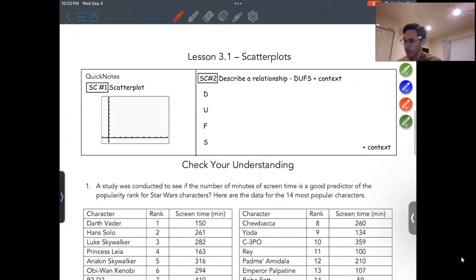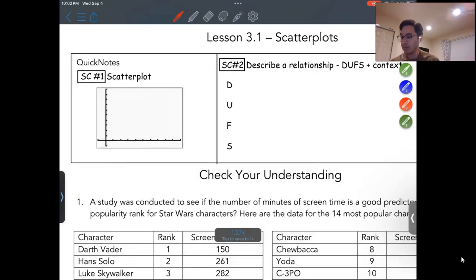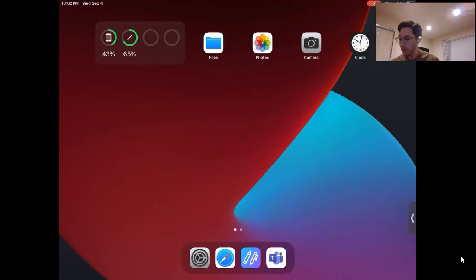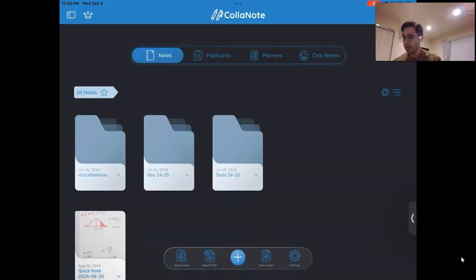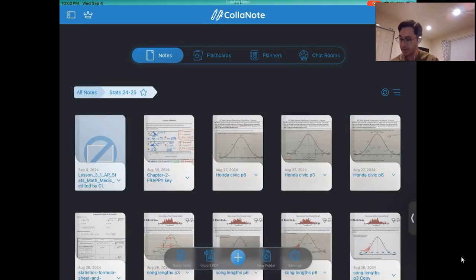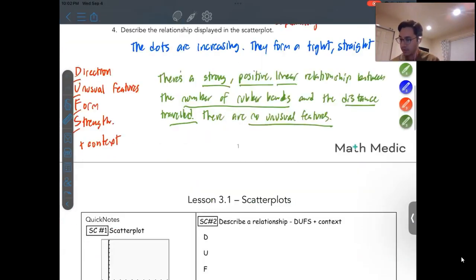All right, so to quickly summarize, in this lesson, we learned a new type of graph for displaying relationships between two quantitative variables. So our scatter plot, remember the scatter plot is going to have the explanatory variable on the x-axis.